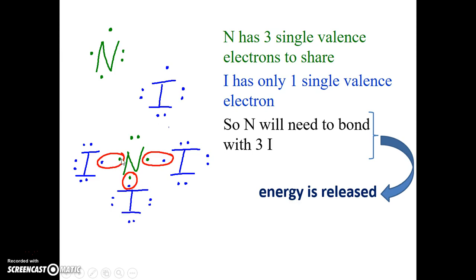So these 2 electrons, one from nitrogen and one from iodine, are shared between the nitrogen and this iodine. That's known as a covalent bond. There's another covalent bond over here and a third covalent bond here. So again, we're making new bonds and energy is released when this compound forms.